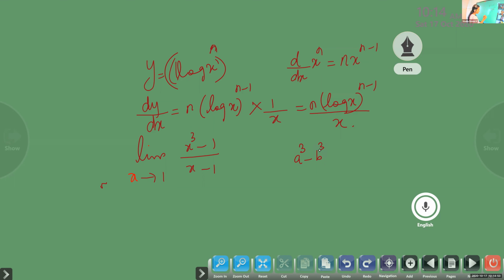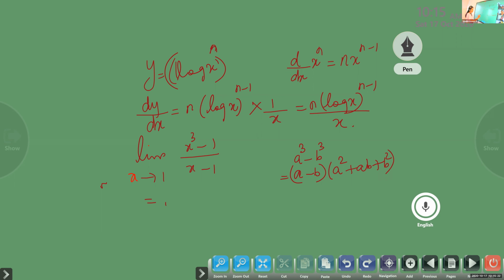Okay, children, you keep one separate notebook or separate file for all the formulas. Next year also we need all these formulas. So a cube minus b cube is a minus b into a square plus ab plus b square.